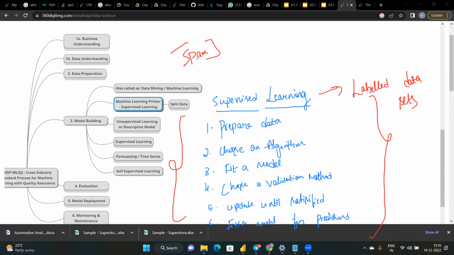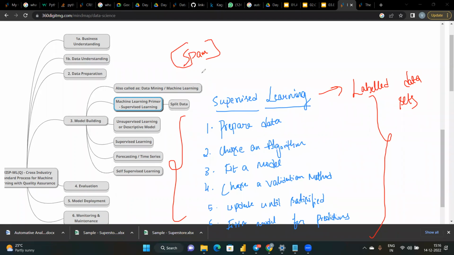Sometimes messages sent by your friends also go to spam. It is done by supervised learning methods. It has solved so many real world problems, such as classifying spam, and we have separate folders also. This is all about supervised learning, guys.